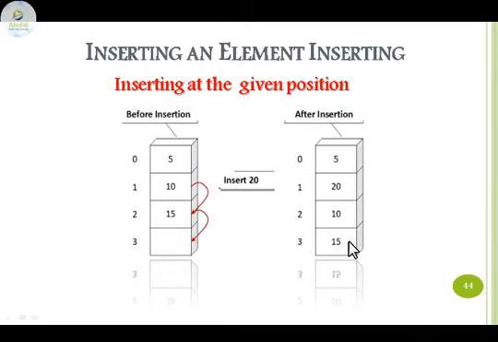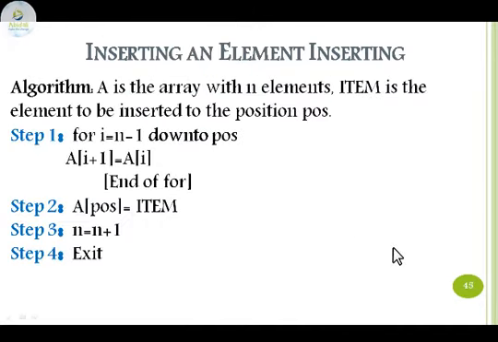Let us discuss the algorithm and the program related to inserting an element at a given position. At first, we have the legend that describes the variables and different types of data items and what the algorithm is going to perform. The algorithm says that A is the array consisting of n elements.